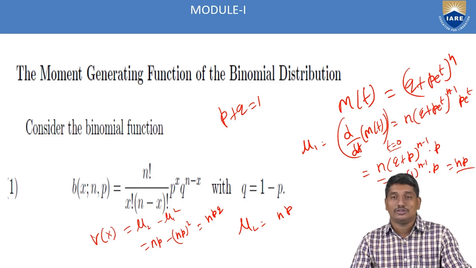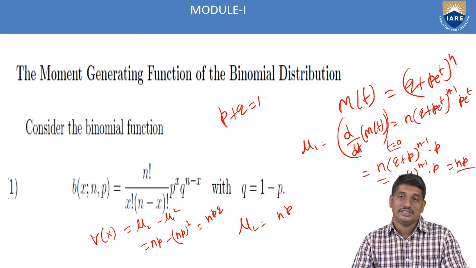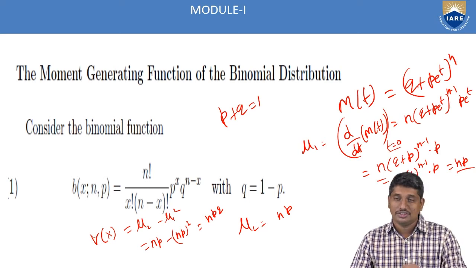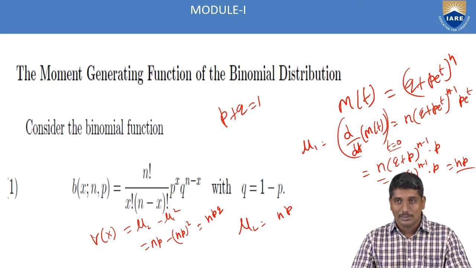So with the help of moments also we can find the mean and variance. The mean of the binomial distribution is np and the variance is npq.